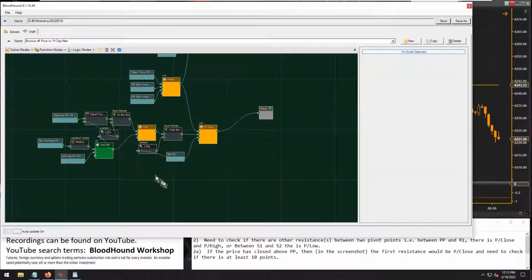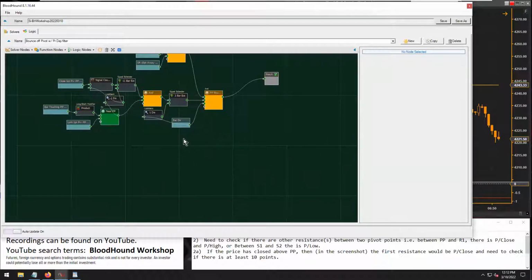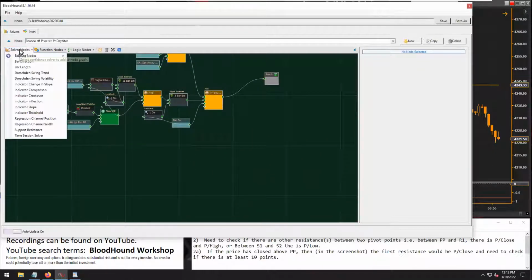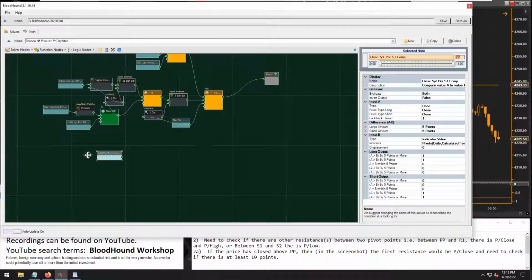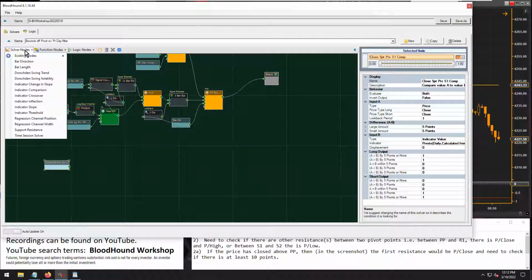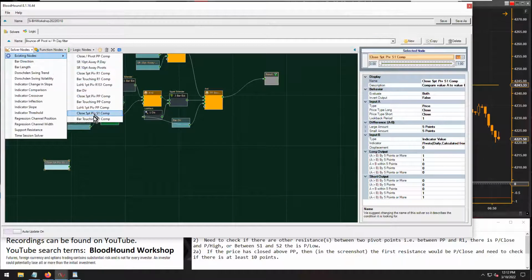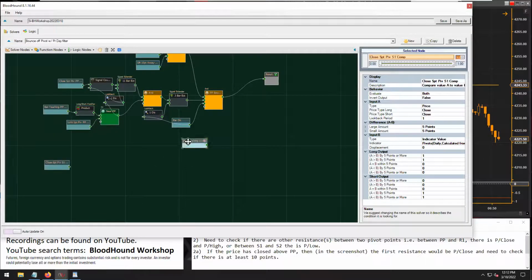So let's go back to our logic board and go to our existing nodes and drop that on. So there's that new S1 solver we just made. Drop that over there. And let's grab our second one. There we go. Drop that down there.